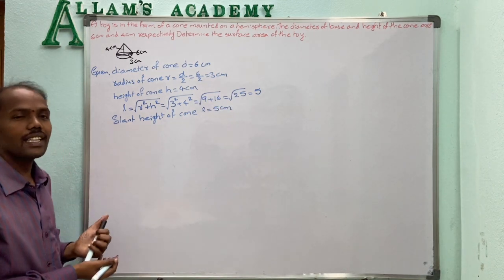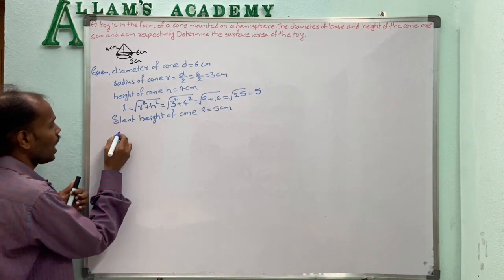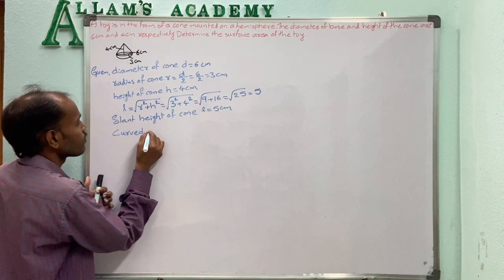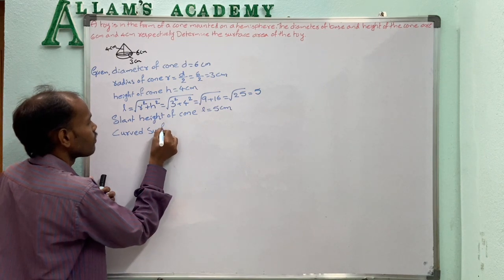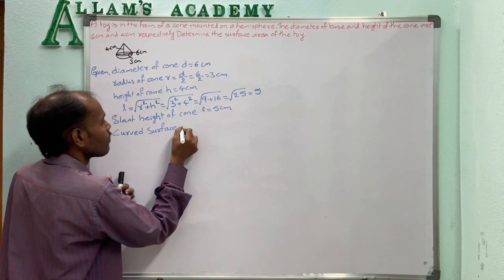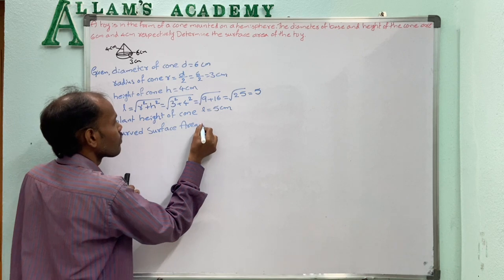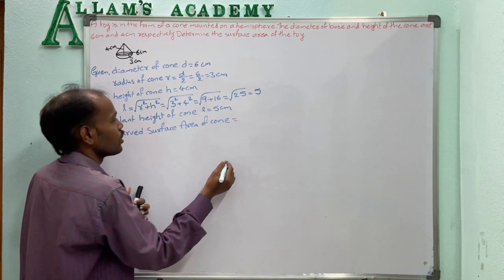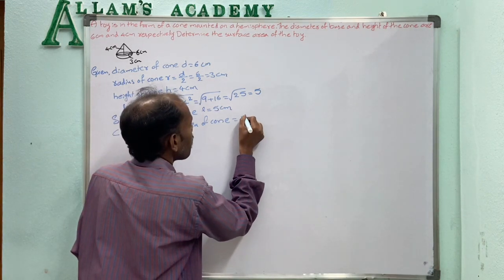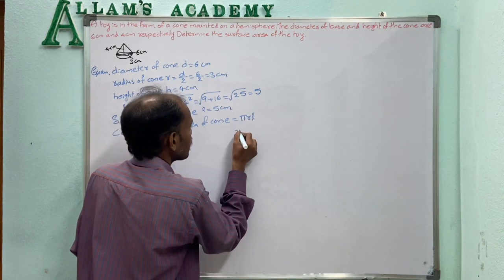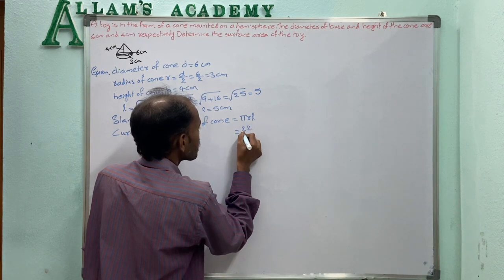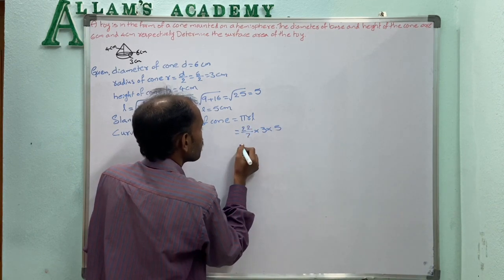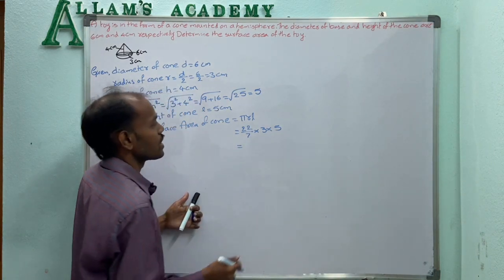Now finding the curved surface area of the cone. Curved surface area of cone = πrL = 22/7 × 3 × 5, where r is 3 and L is 5.